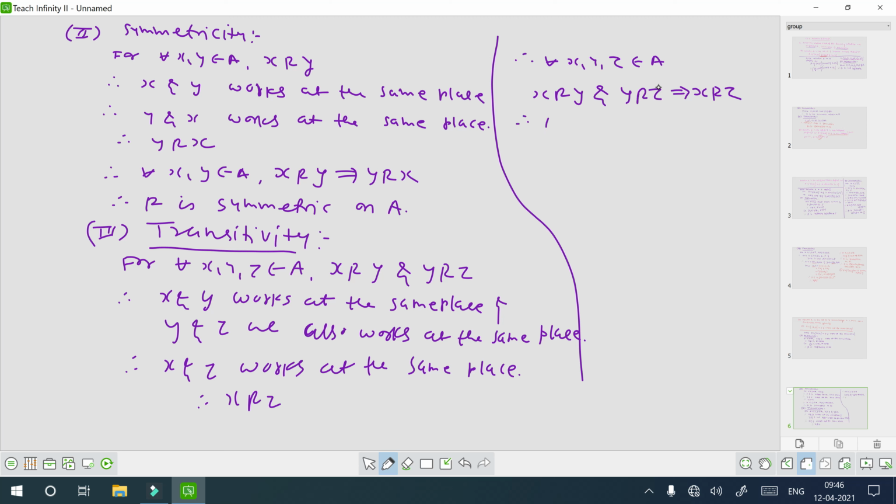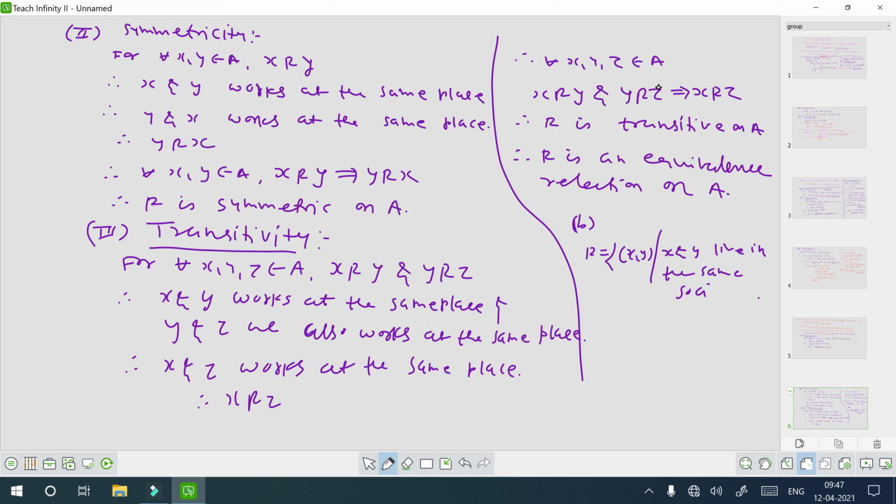Similarly, I would like to give this part for homework, second one, B. R is equal to the ordered pair (x, y) such that x and y live in the same society, same locality.